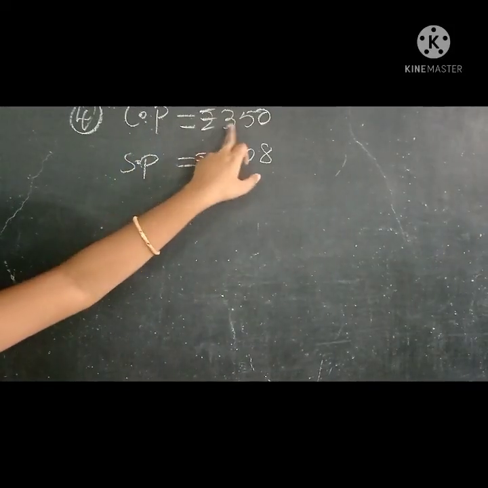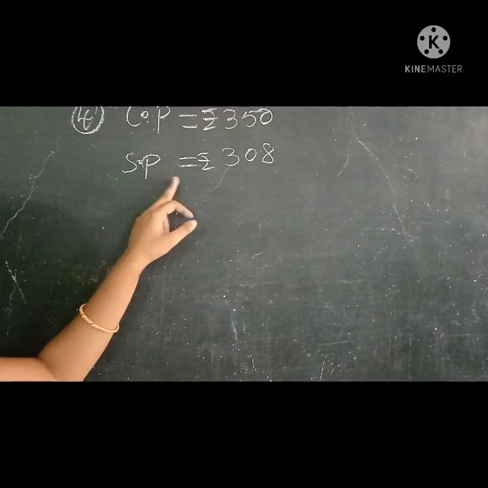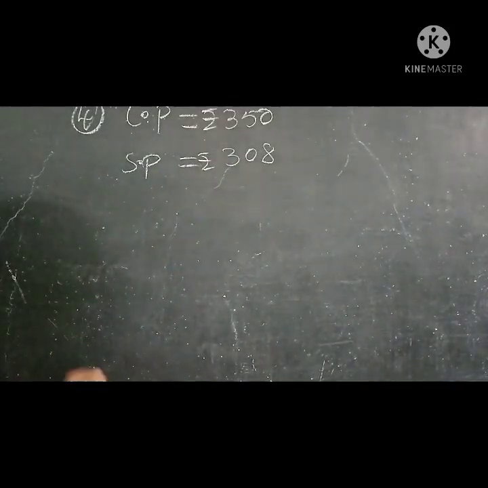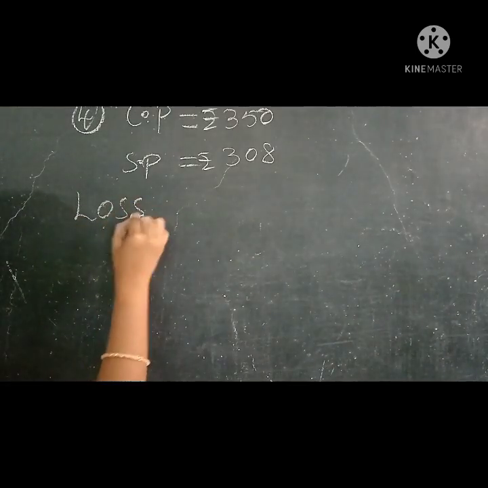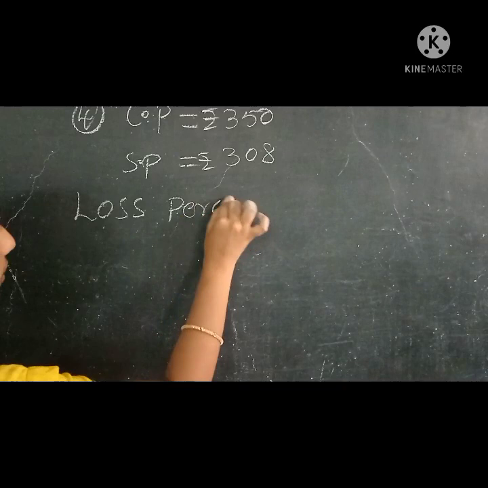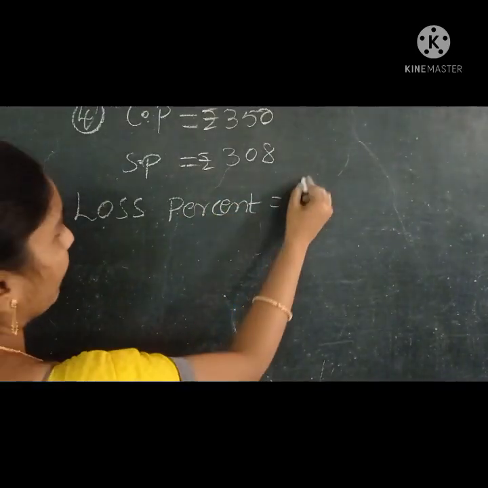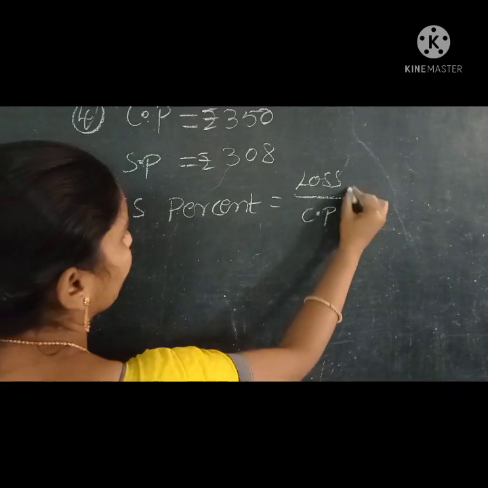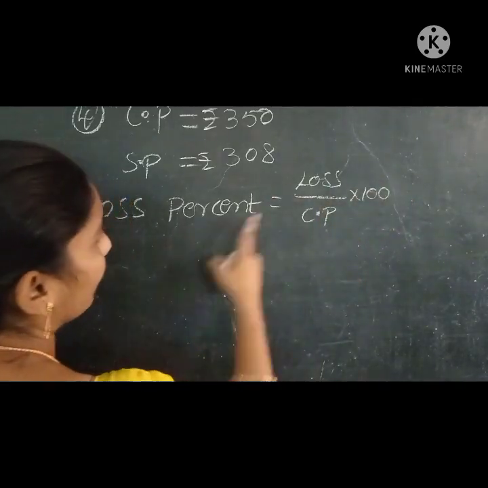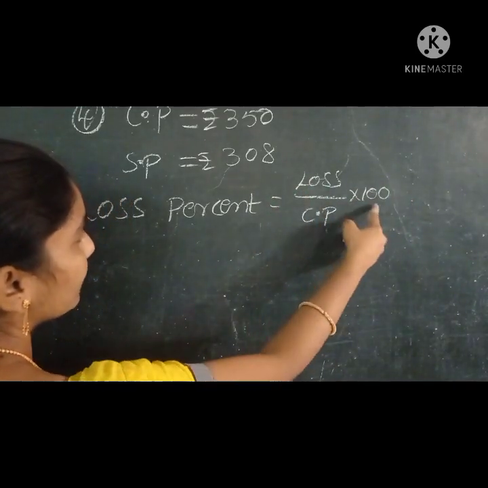Cost price is equal to 350 rupees. Selling price is equal to 308 rupees. They get the profit or loss? Loss. So what is the formula for loss percent? Loss percent is equal to loss by cost price into 100.